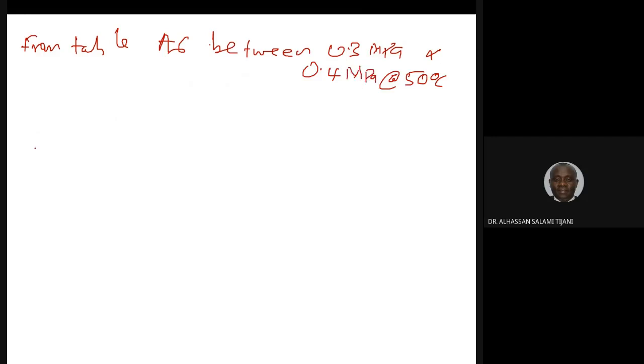So this is 500, not 50. It's 500 degrees Celsius. For the interpolation table, I have MPa, the enthalpy in kilojoules per kilogram, and then the entropy in kilojoules per kilogram per Kelvin.